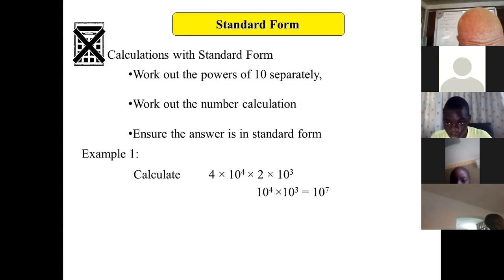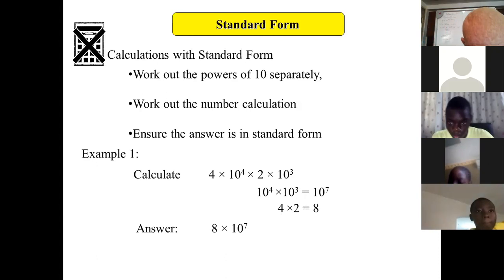Then we can combine our answer in this format: 8 times 10 raised to power 7. So that is when you are given 2 different standard form numbers and you are asked to multiply or divide them.